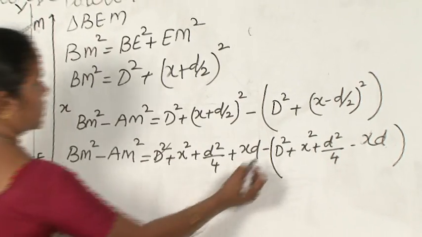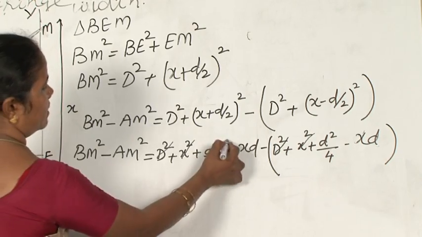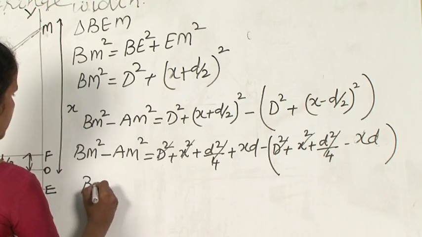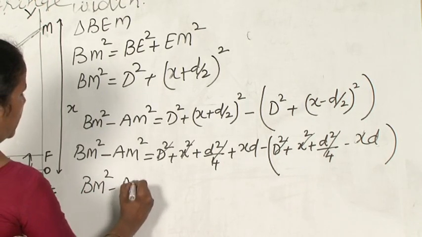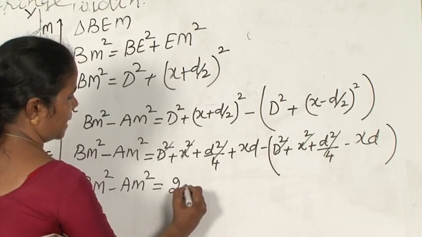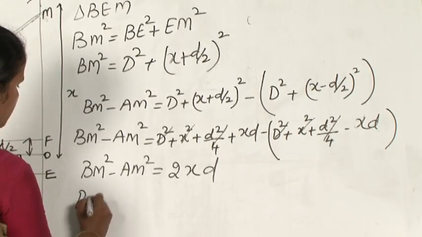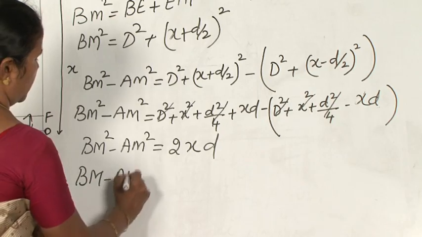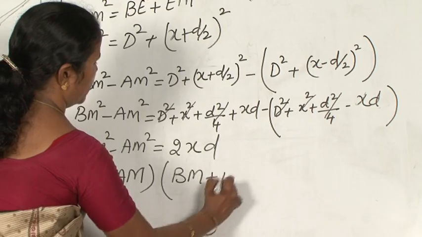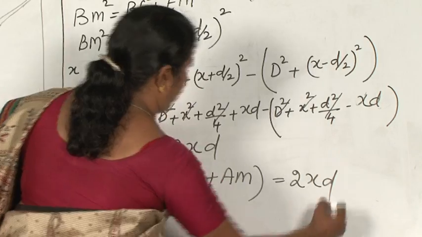This is plus d square minus d square plus x square minus x square plus d square by 4 minus d square by 4. So, you have BM square minus AM square is minus of minus xd plus xd. So, this is 2xd. BM square minus AM square you can write as BM minus AM into BM plus AM, which is equal to 2xd.